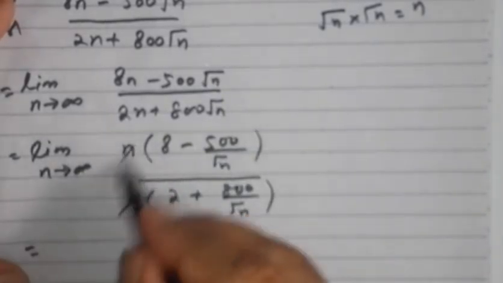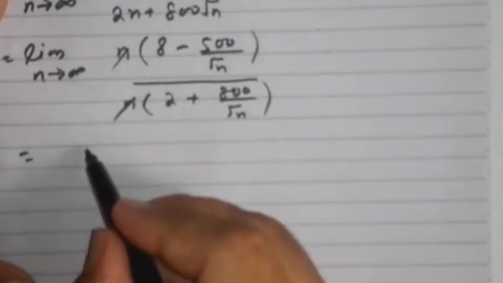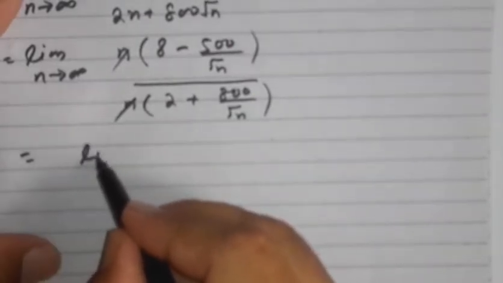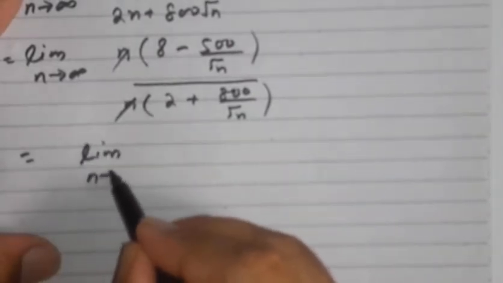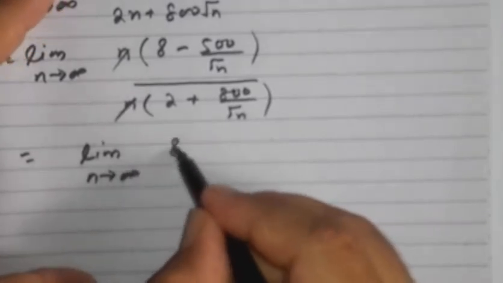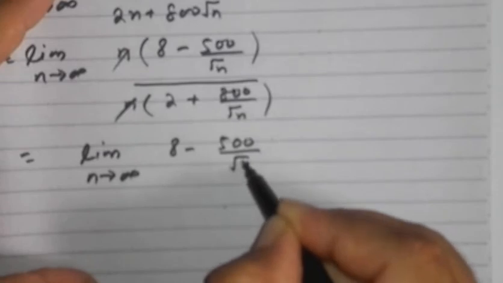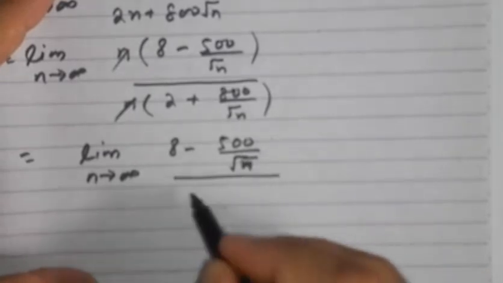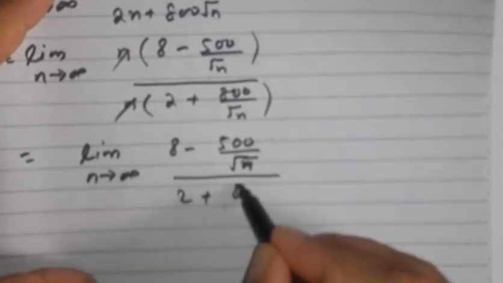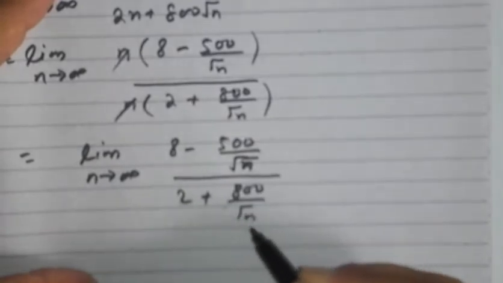Now this n cancels with this, and we get limit n tends to infinity 8 minus 500 under root n divided by 2 plus 800 under root n.